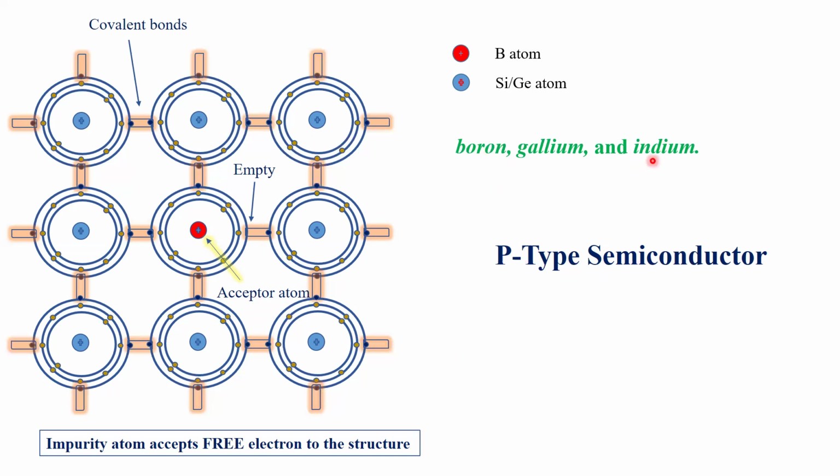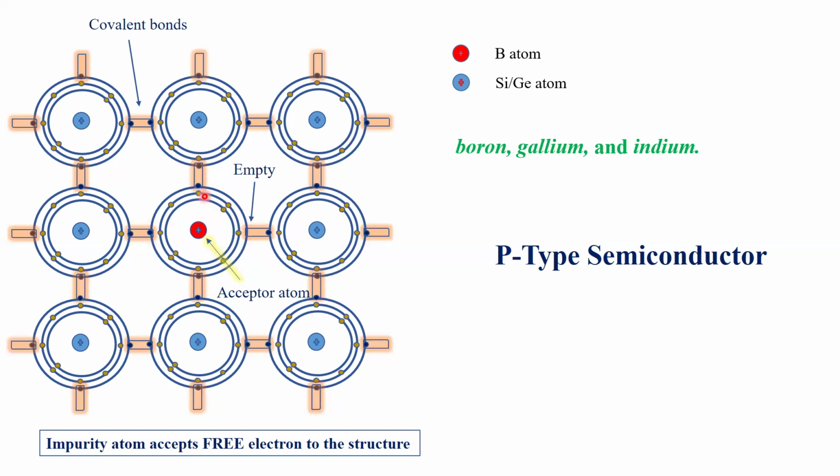These three atoms have this property: in their valence band or outermost shell, they have only three valence electrons. One, two, three. They don't have a fourth valence electron. In our previous module, the donor atom antimony had five valence electrons. But now let us focus here. We have three valence electrons, one, two, three.